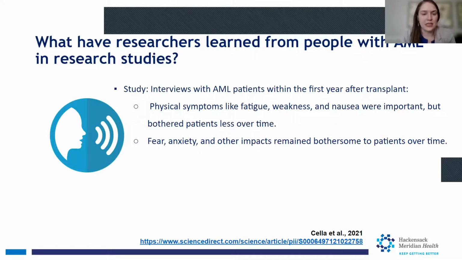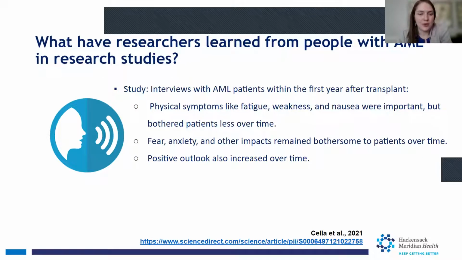But on the other hand, what they also reported was that other impacts like fear and anxiety actually remained bothersome to them over time. So those were a bit more stable. Some positive news as well was that their positive outlook also increased over time, which we would expect to eventually have benefits on their fear and anxiety.